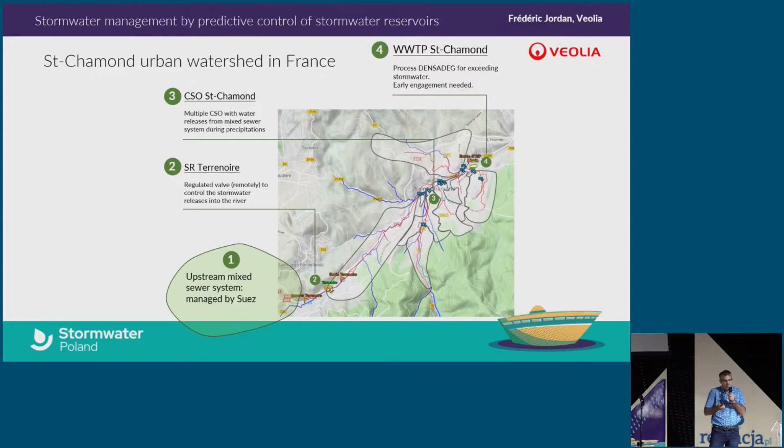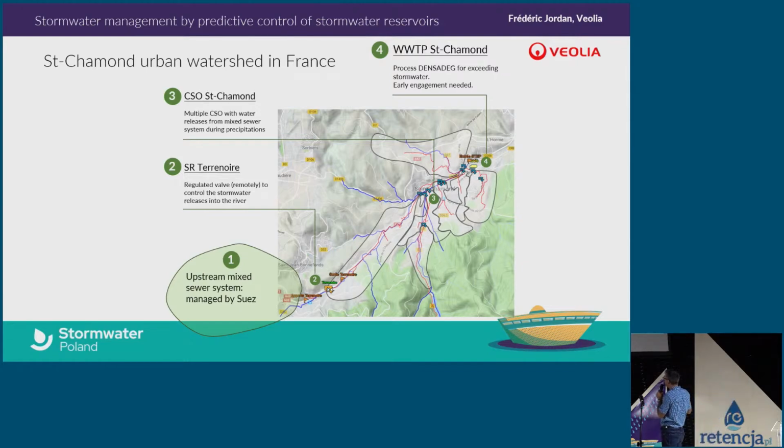So we have to try to minimize the overtoppings of this reservoir, but it's not easy because downstream of the system, along the sewer system, we have combined sewer overflows, which are not controlled. And if too much water flows into the pipe, then you would have wastewater releases also into the Gier.